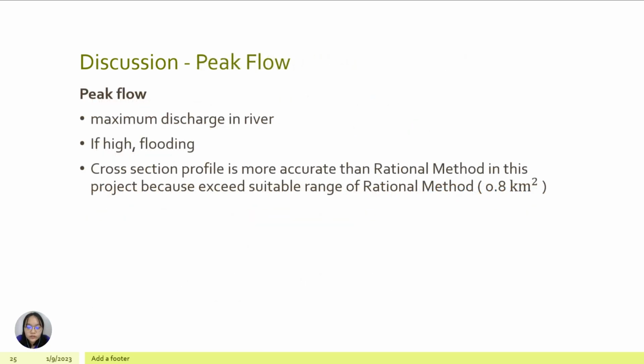Hello, I'm Doris with matric number AF210093. I'm responsible for the discussion of peak flow. Peak flow means the maximum discharge in a river. If the peak flow is high, the probability of flooding is high. The cross-section profile is more accurate than the rational method in this project because the catchment exceeds the suitable range for the rational method, which is 0.8 km².